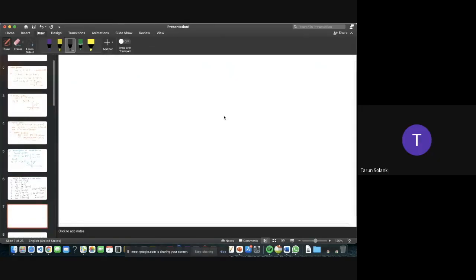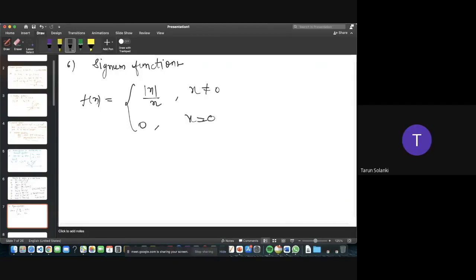Okay, copied. So next we have the signum function, number 6, I think. So which is the signum function? The function is defined by f(x) = |x|/x for x not equal to 0, and 0 for x equal to 0, right?